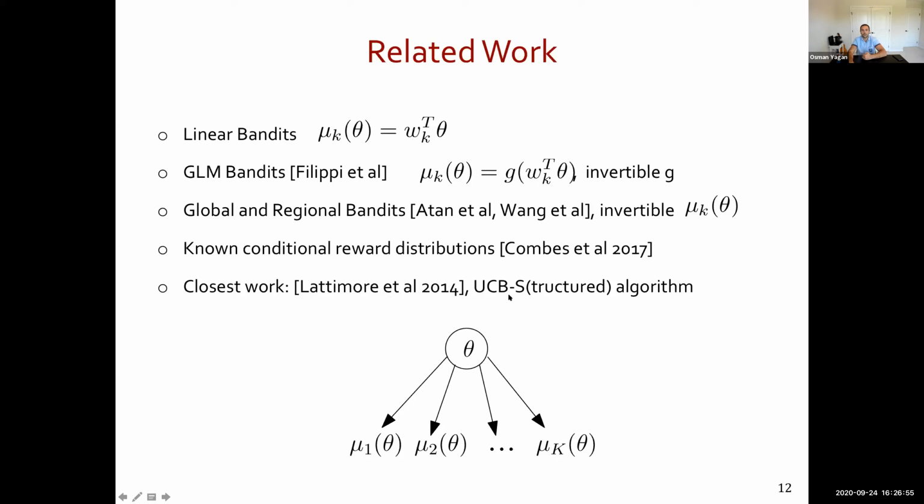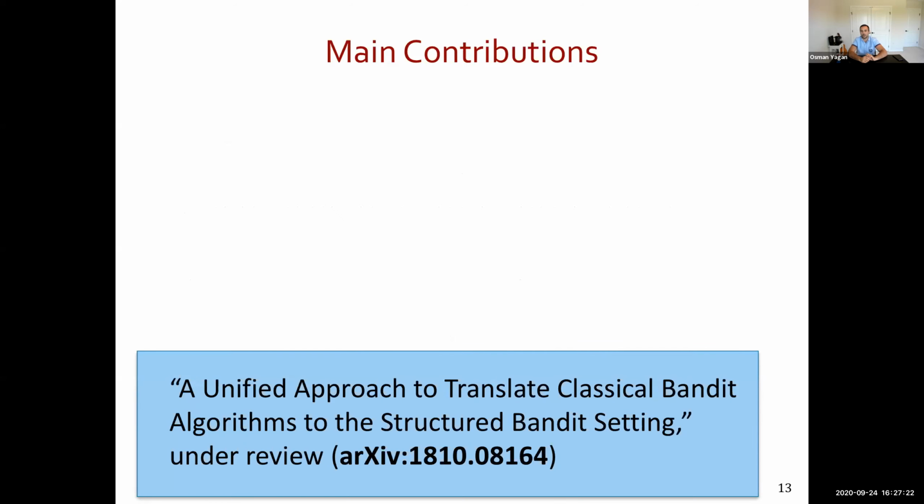And as you may have guessed, they called it UCB-S, S standing for structure. So throughout, we will constantly compare our results with the UCB-S algorithm. The closest competitor to our approach is basically that one. So let's look at what is the main contribution of this line of work.